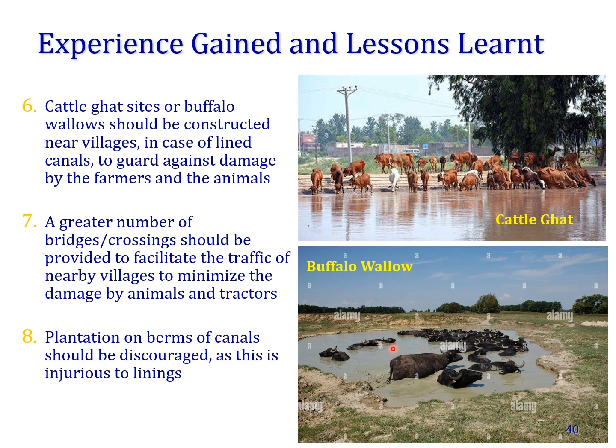Also, near the canal, wherever you have a greater concentration of animals, you can create a buffalo wallow. It's like a pond full of water, and the buffaloes can enter and bathe in it, instead of going into the canal water and damaging the cross section.